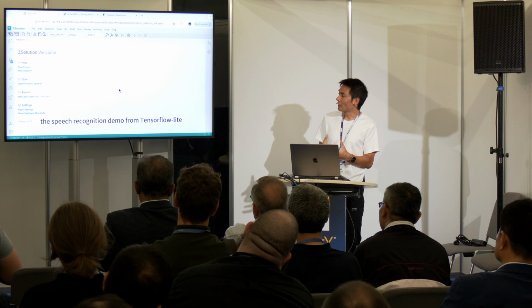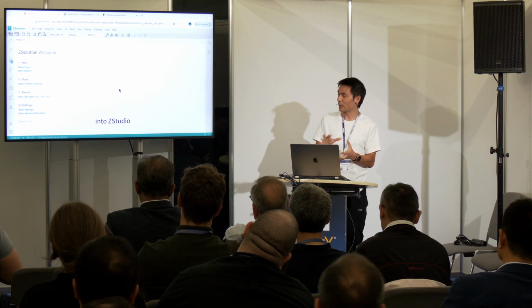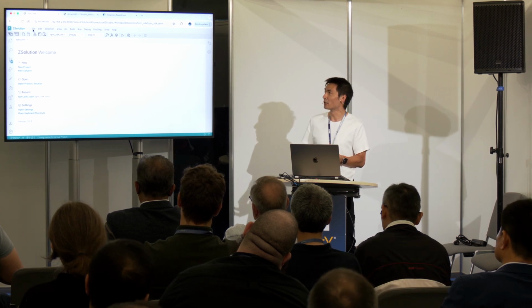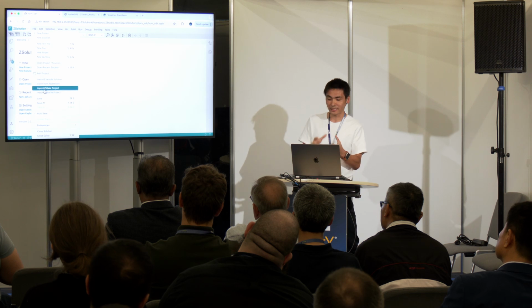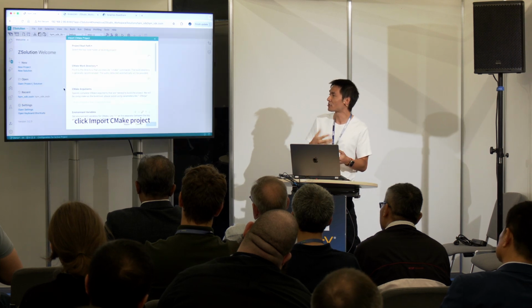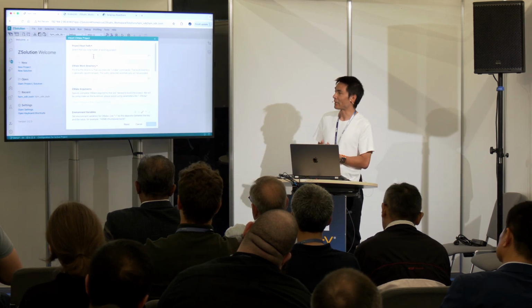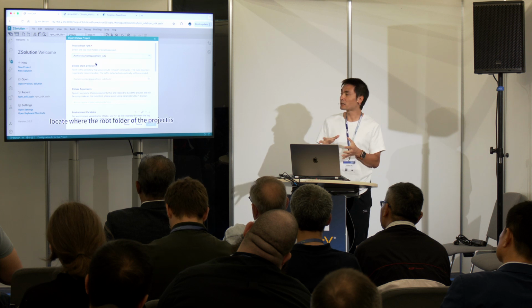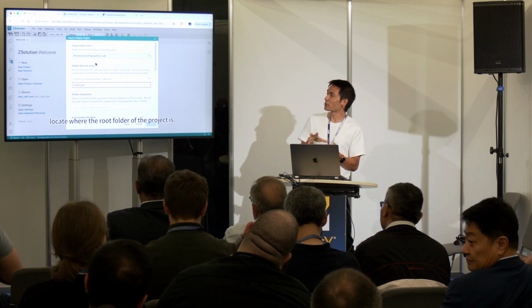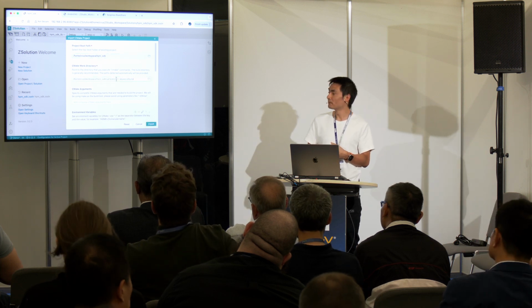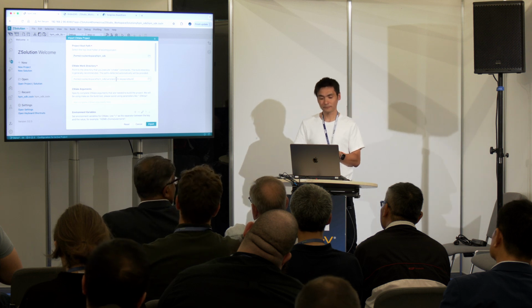Okay, let's import an AI application, the speech recognition, in our Z Studio to see how we can accelerate this AI application with our virtual platform. Firstly, we can import this project with the CMake importer.